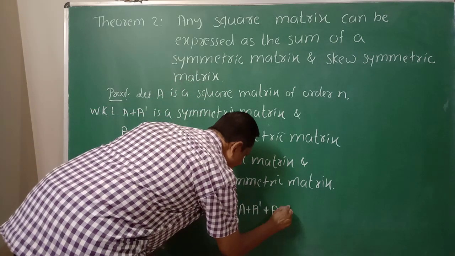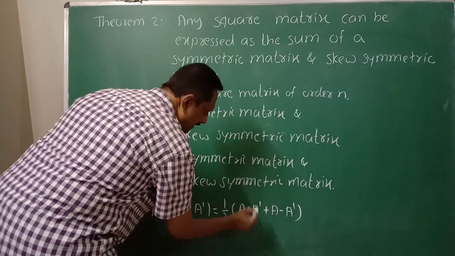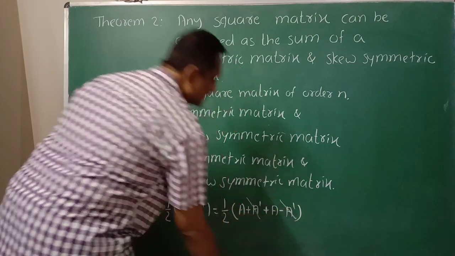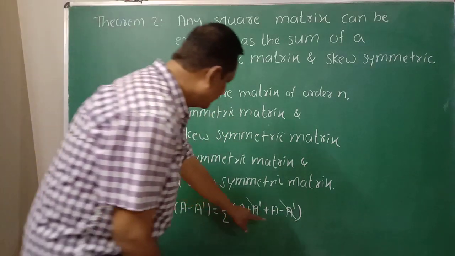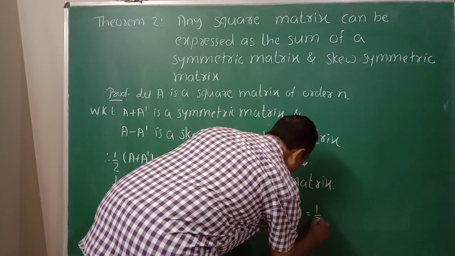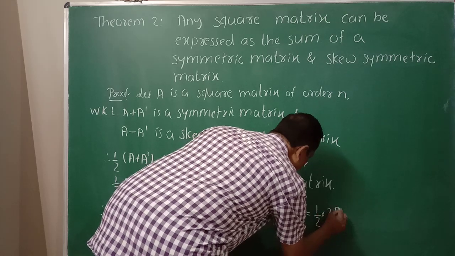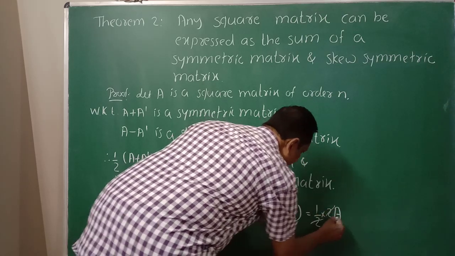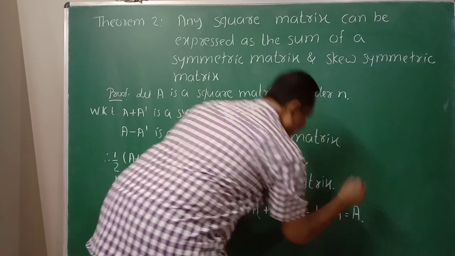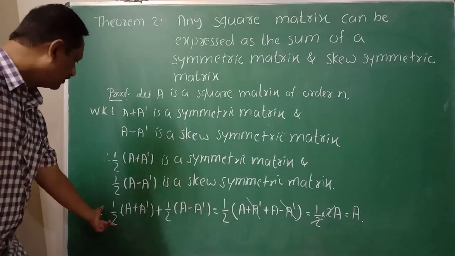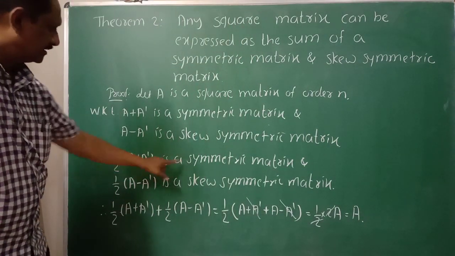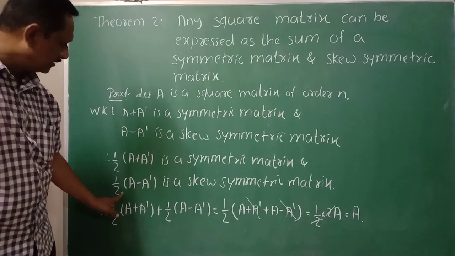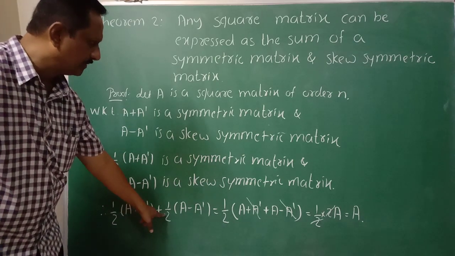Here A dash and minus A dash cancel, then A plus A becomes 2A. 1 by 2 into 2A, the 2 cancels. This is equal to A. So 1 upon 2 into (A plus A dash) is a symmetric matrix, and 1 by 2 into (A minus A dash) is a skew symmetric matrix.